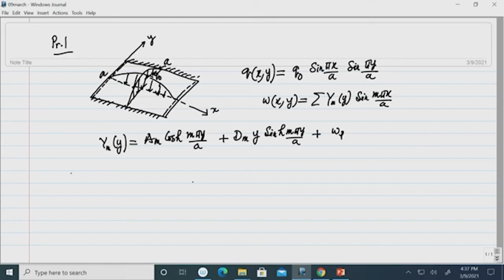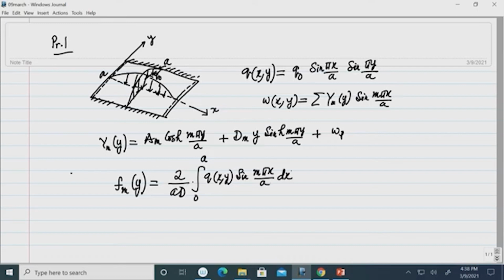The particular integral has to be found from this function, that is given as 2 by a D, where D is the flexural rigidity of the plate, and the integration from 0 to a of q(x, y) sin(m pi x by a) dx. Now, here q(x, y) is given as the distributed load in the form of the sinusoidal function.